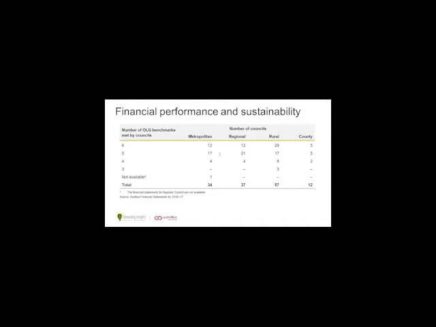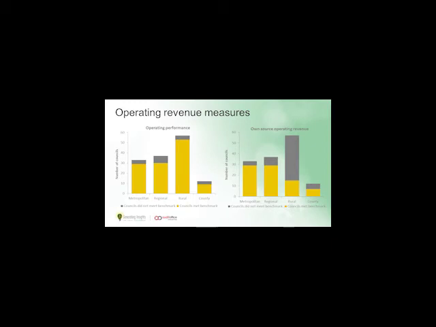In terms of the 2 operating performance measures, these are used to assess how well councils are keeping operating expenses within operating revenue. So achieving the benchmark means that councils are raising enough operating revenue to fund operating expenses. 18 councils reported negative operating performance in 16-17, and 5 of these councils have reported negative operating performance for the past 3 years.